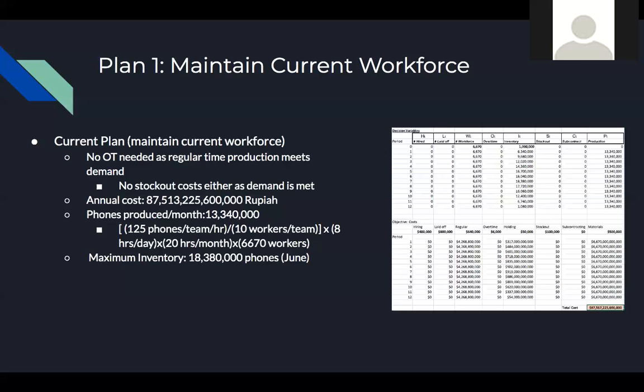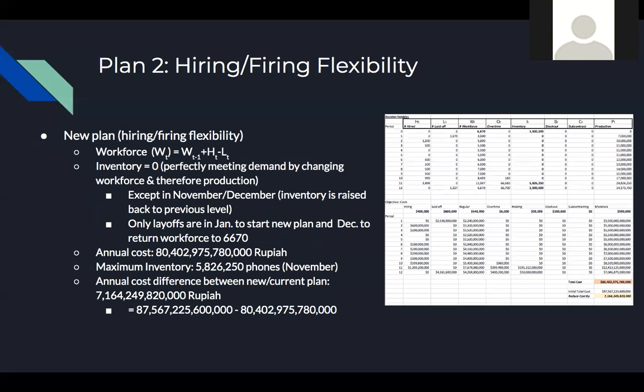In the next slide, please. In Plan 2, it mainly focuses on the flexibility of being able to employ and discharge employees, which will greatly affect productivity, inventory, and overtime costs, as now we're able to optimize inventory to zero throughout the middle of the production year.